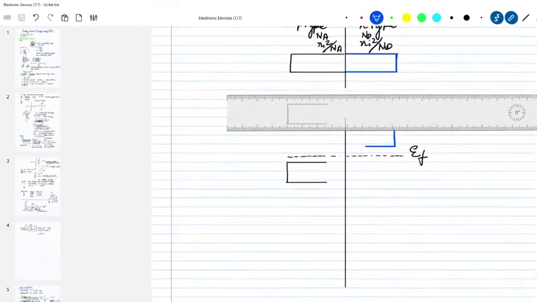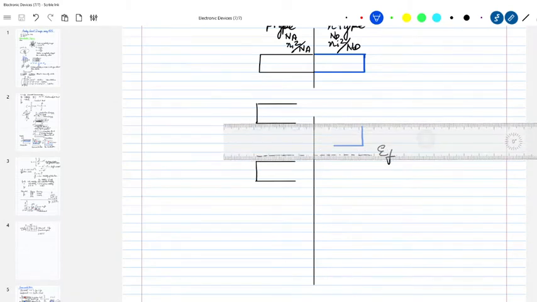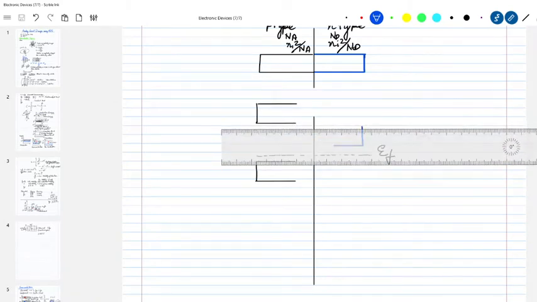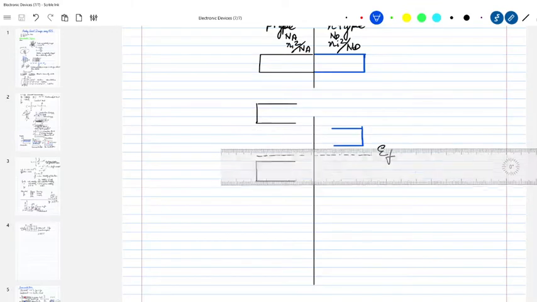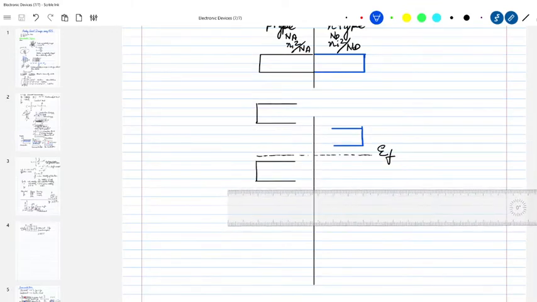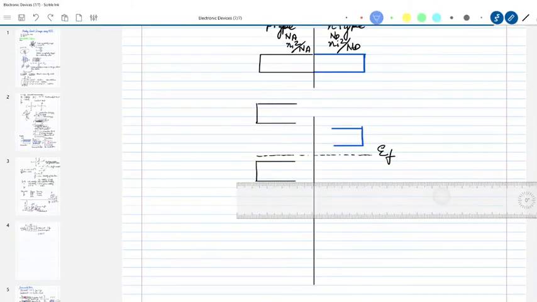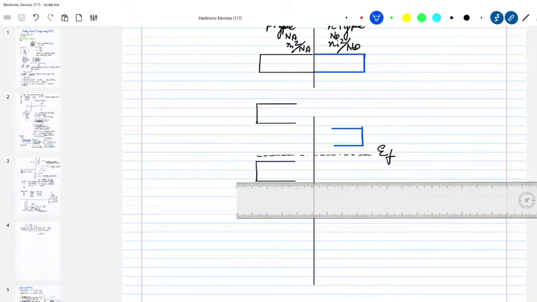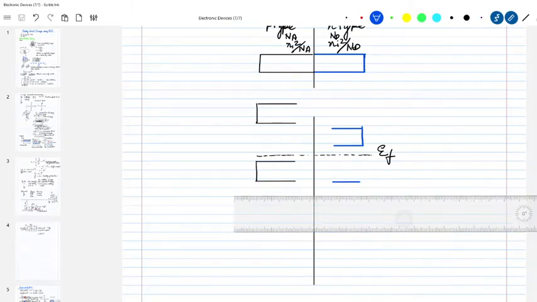This scaling I don't like. Okay, so like this, and then on this side you will have the same gap. Okay, so you're going to have this one and this one.